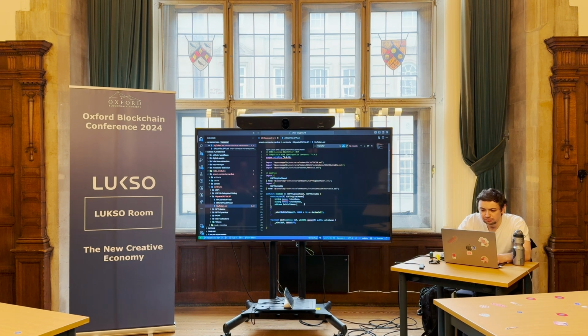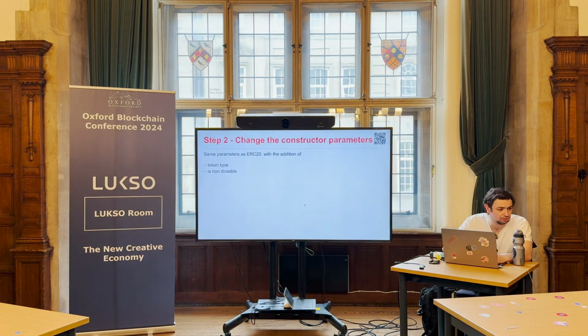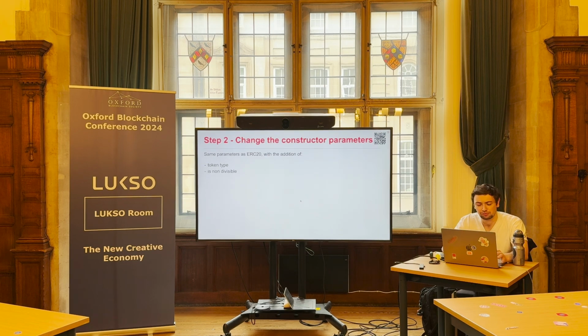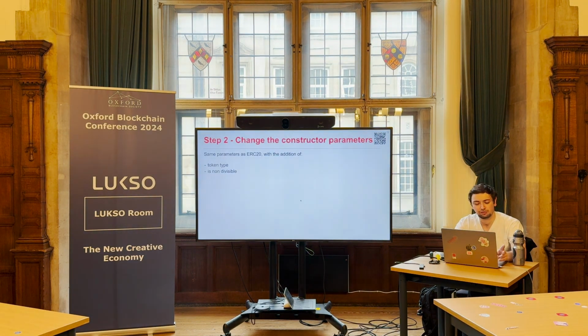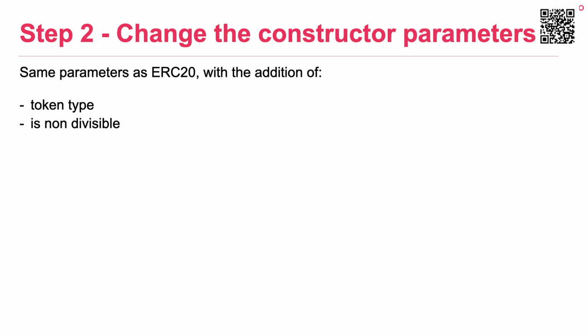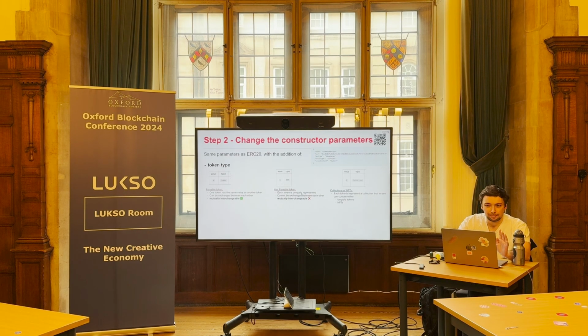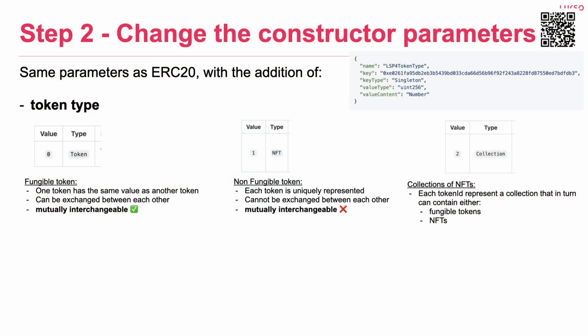And here we're going to have to specify 2 extra parameters. We have to specify the token type. These are the 2 new parameters with LSP7: we have to say the type of token we are creating and if the token is divisible or not. What's the token type? Because the token standards of LUKSO are quite flexible and extensive, it describes what kind of asset the contract represents.